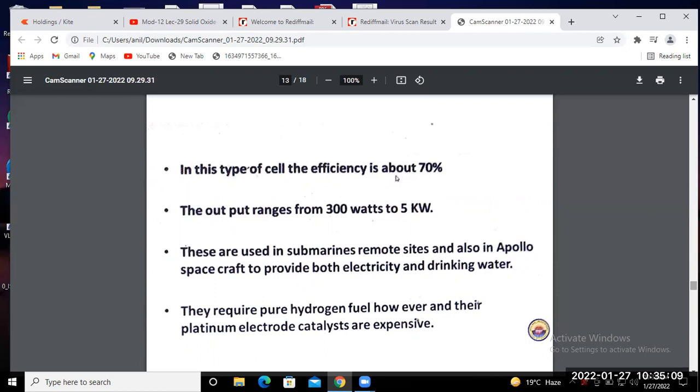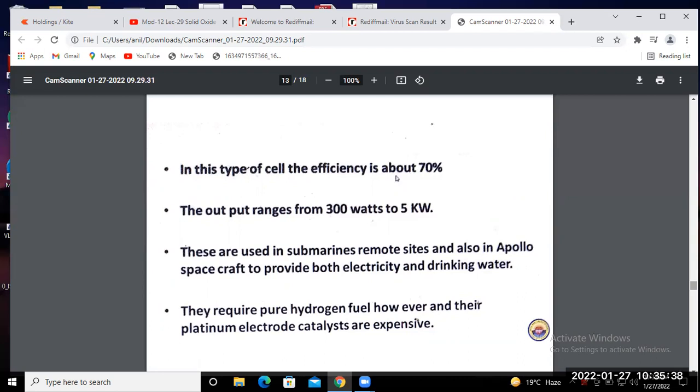So these are used in submarines and remote sites. That means you may find installation of this type of fuel cell in a submarine in the sea, for backup of power at large power up to 5 kilowatt.